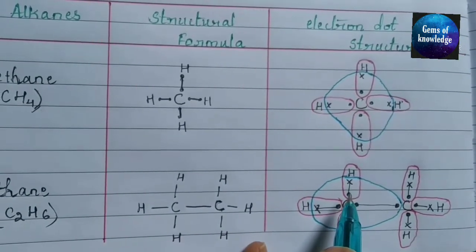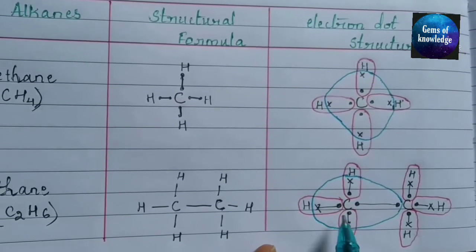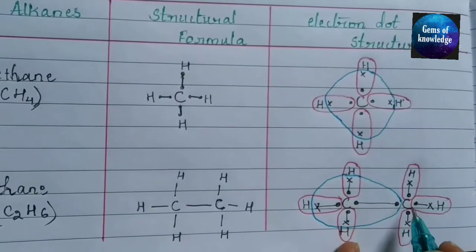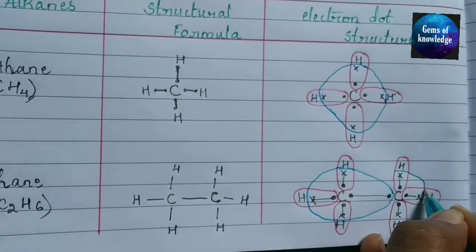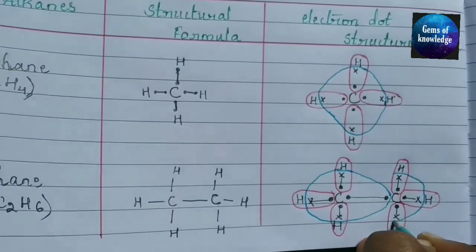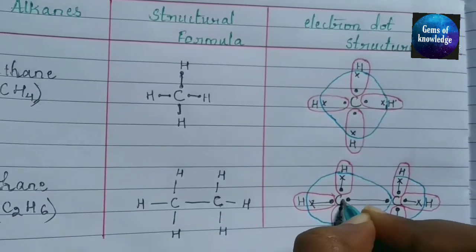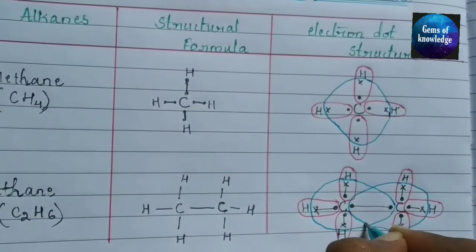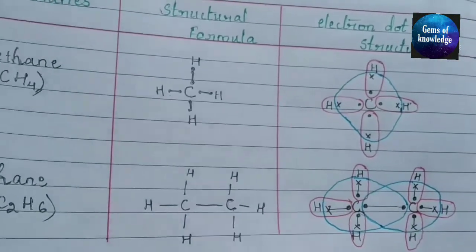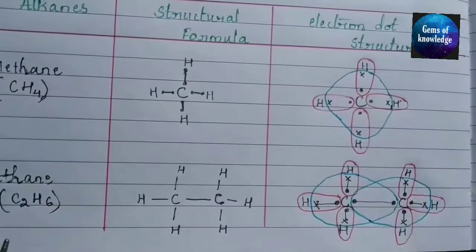It will take 8: 1, 2, 3, 4, 5, 6, 7, 8. Similarly, this carbon, it will take 2 from here, 2 from here, 2 to 4, 5, 6, and 2 from this side. Okay, so this is the electron dot structure for ethane.